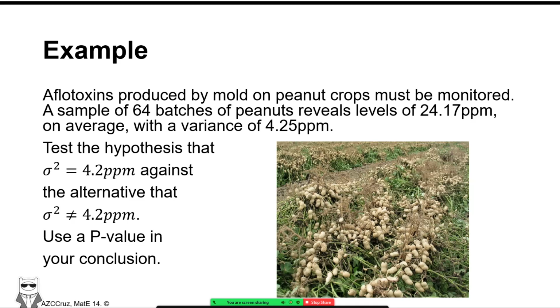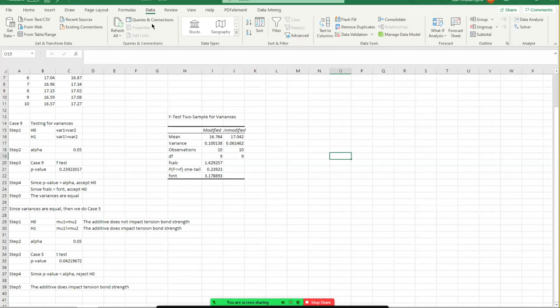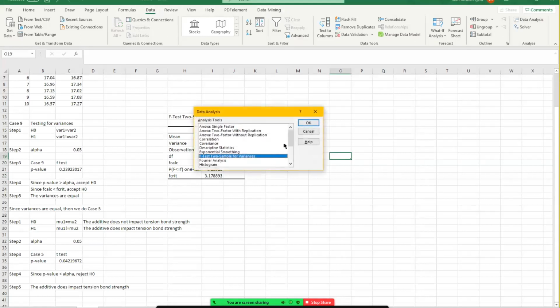So nasa tool pack din ba ang case 8? So let's look, no? I'm not quite sure. So hanapin natin. Data analysis tool pack. Chi-square. We're looking for chi-square. Unfortunately, wala. Oh.